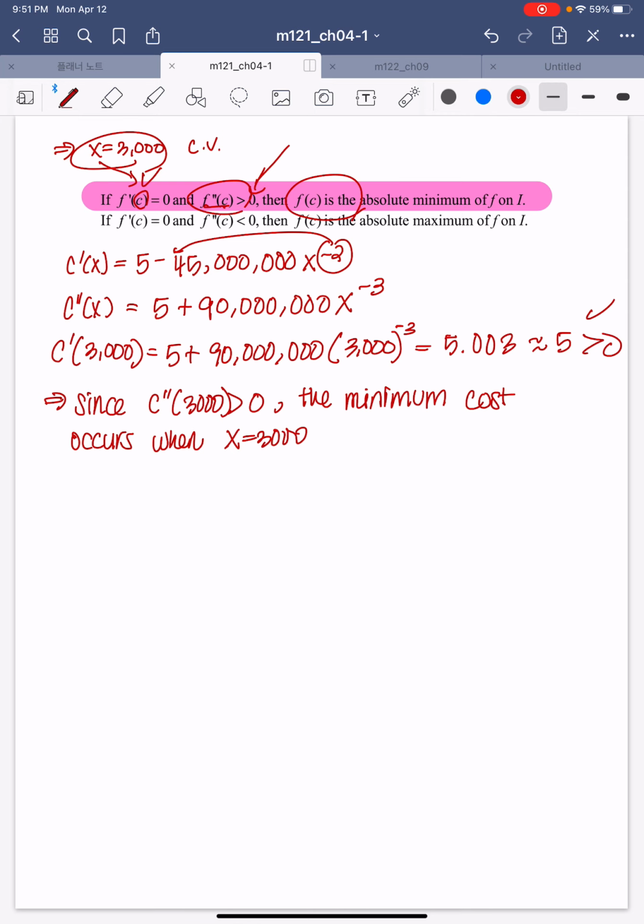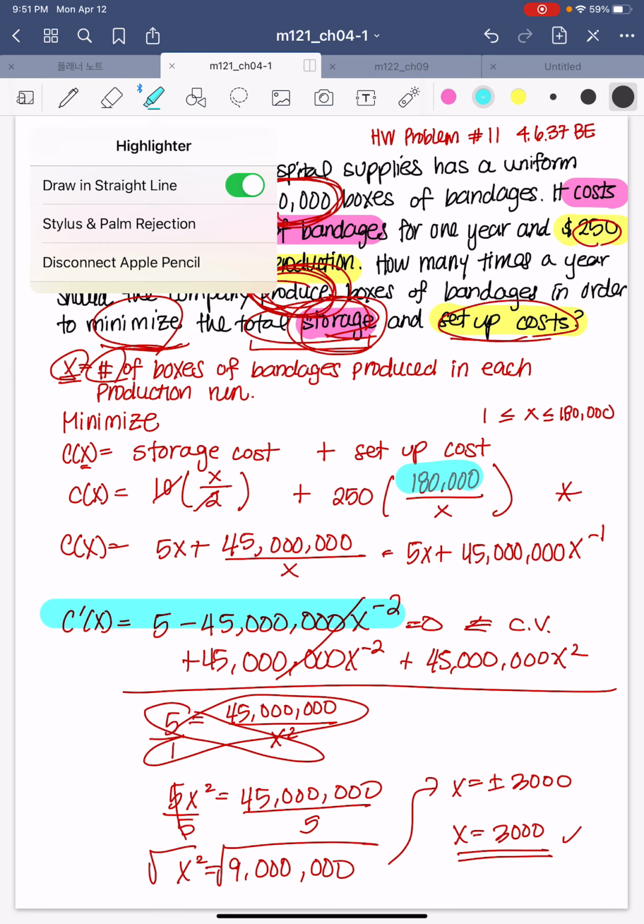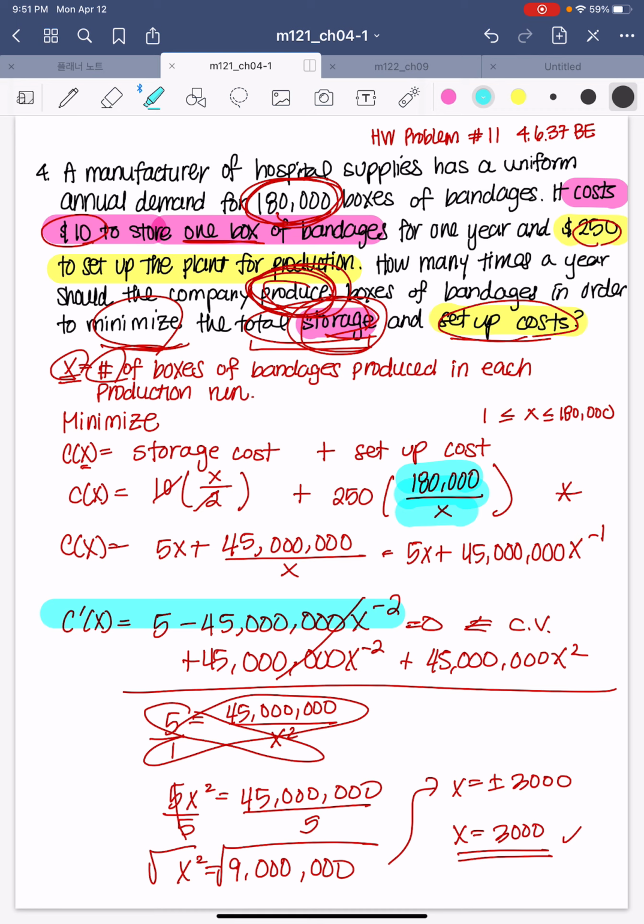So what does it mean? We want to know how many to produce, the number of boxes. We are actually looking for how many production runs. So when we set up the cost function, this was our production run function.